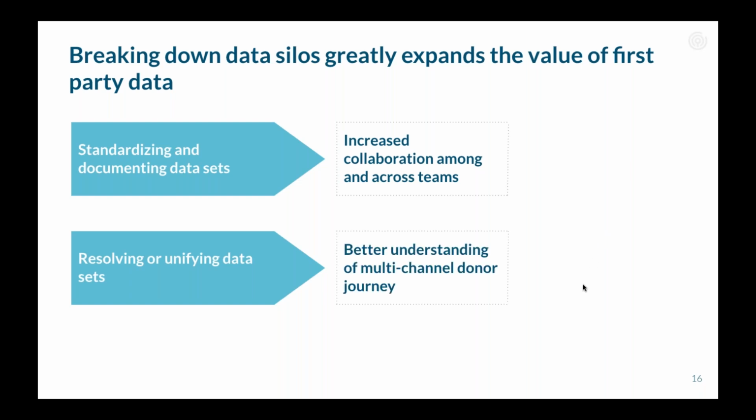That is really valuable in that it can ultimately generate a better understanding of your multi-channel donor journey, or what we call a 360-degree view of your donors. Both of these together, ultimately, and this is the goal of what we're talking about here, can lead to optimized fundraising through data-driven decision-making. With that, let's talk about an example of each of these two ways of breaking down silos.